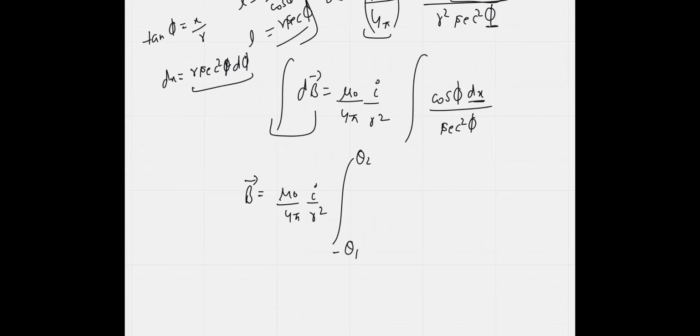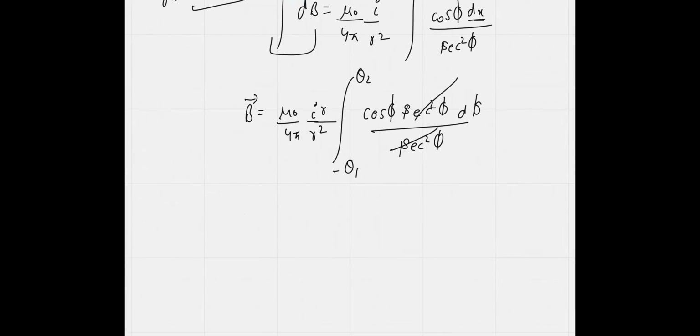So cos phi as it is, r you can keep outside because one r is there, and secant square phi d phi divided by secant square phi. If you see carefully, they cancel. What are you left with? B equals mu naught by 4 pi I by r, integration from minus theta 1 to theta 2 of cos phi d phi.